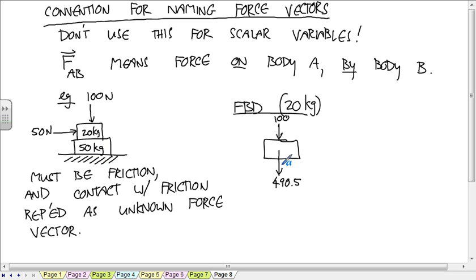Okay, so we don't know the direction of the force applied to the 20 by the 50, right? So I'm going to write this as a coordinate system, and I'm going to associate that coordinate system with a vector variable F on the 20 by the 50.